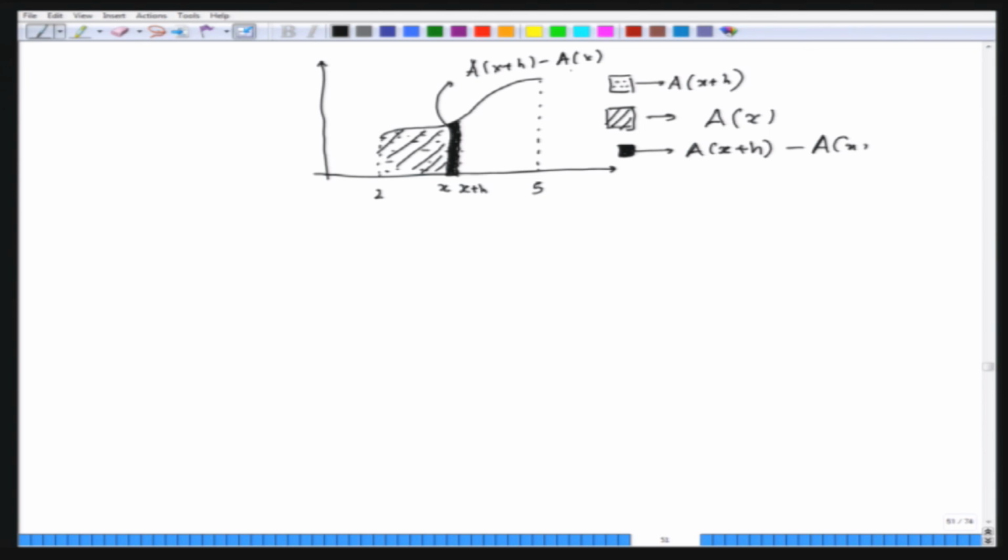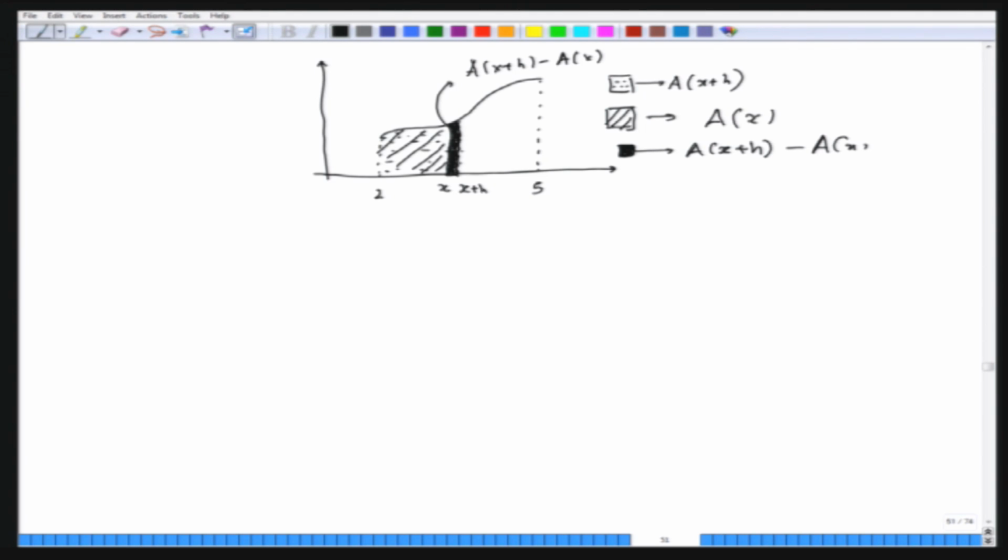But how do you compute that rectangle? That is the question. I assume that there is hardly much difference between f of x plus h and f of x. So, let me take the area as nothing but the base h, the breadth, and the height I just take to be f of x. The difference between f of x plus h and f of x is very small.